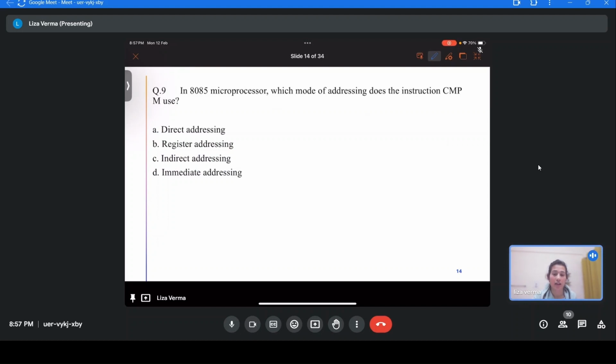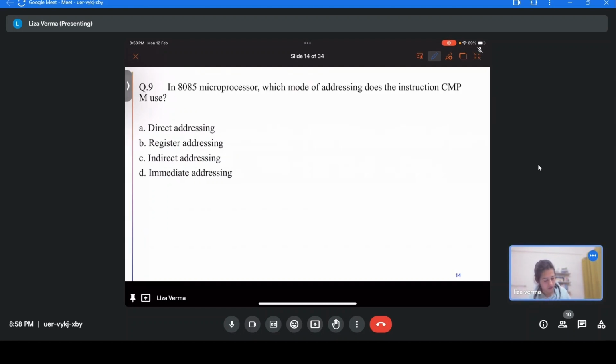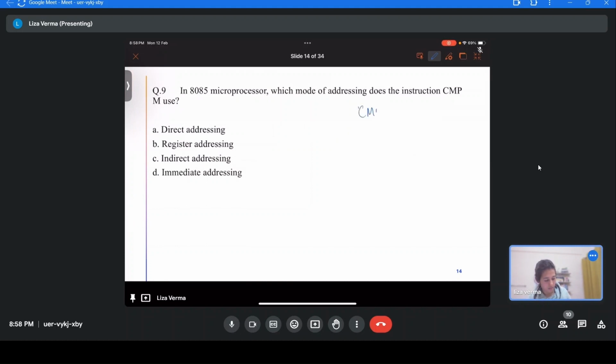Direct addressing is when the address is given in the instruction. Here the address is pointed to by a register pair, so it is indirect addressing.